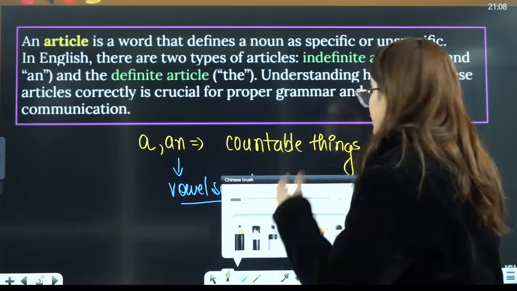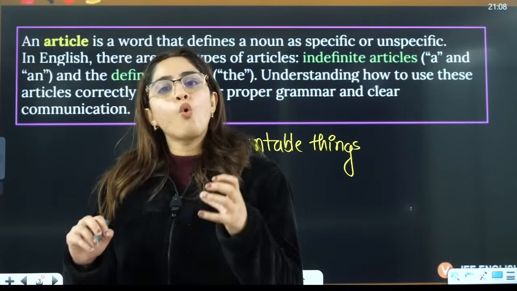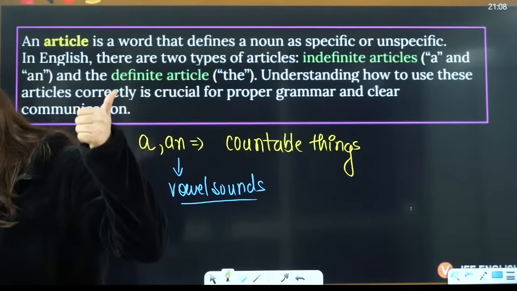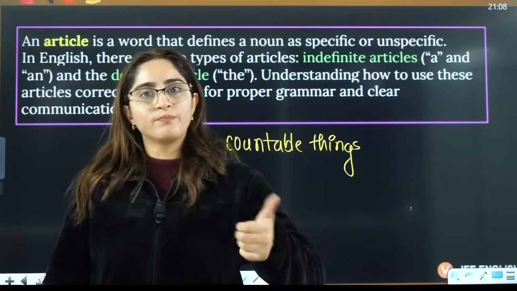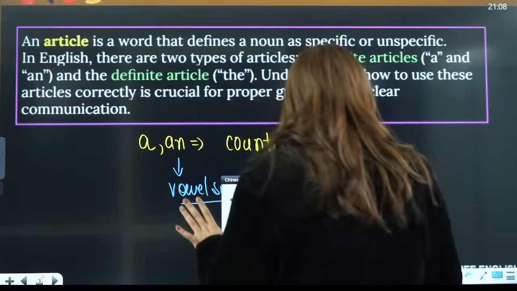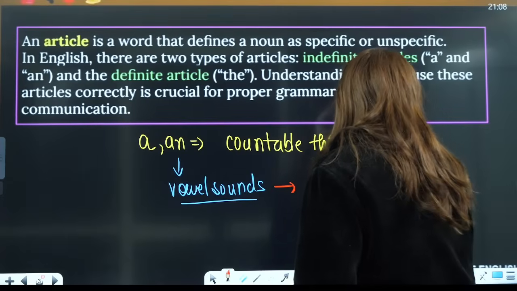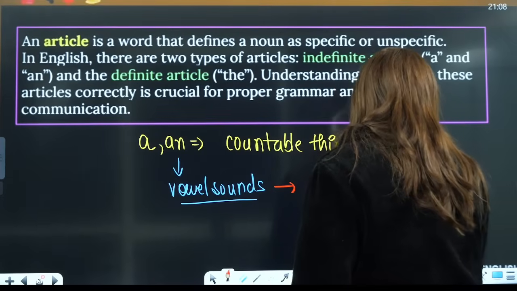Vowel sounds, when you speak them, should be like a, e, i, o, u. Usually we write it as a, e, i, o, u.